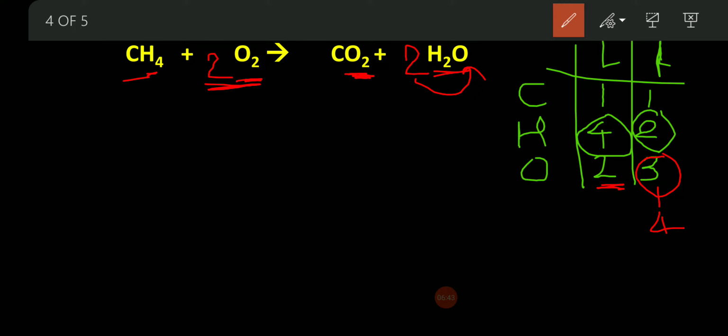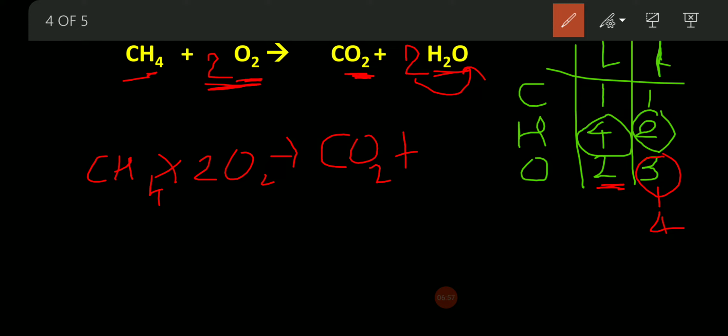So CH4 plus 2O2 gives CO2. CO2 is as it is, and we have balanced 2H2O by writing 2H2O here. So now this equation is balanced. If you want to check, let's check once again.